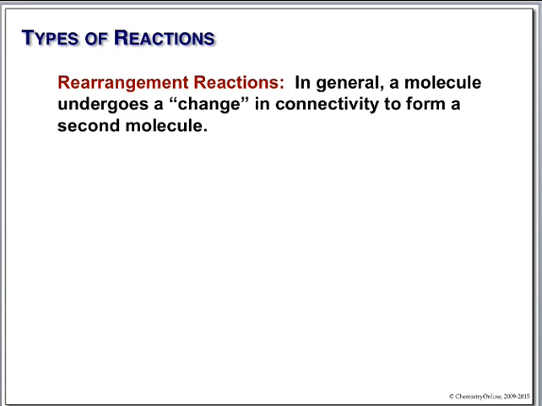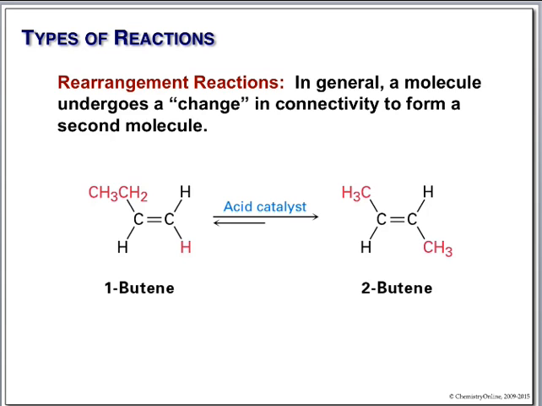And finally, an example of a rearrangement. In a rearrangement reaction, we're going to take, in this case, an alkene. We're going to put this in the presence of an acid catalyst, and we are going to make an isomeric alkene. So 1-butene, and this is 2-butene.